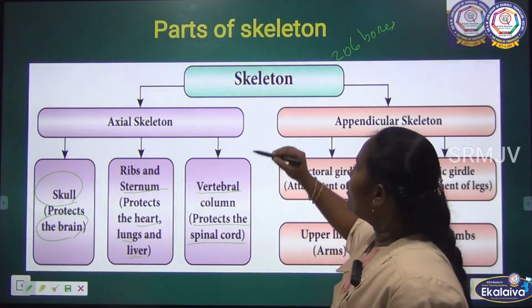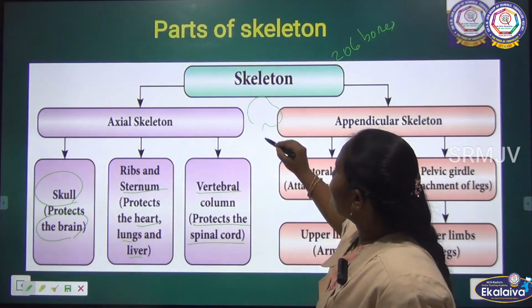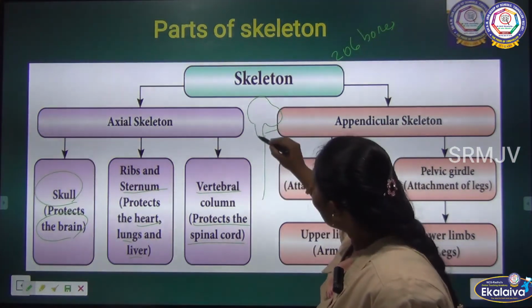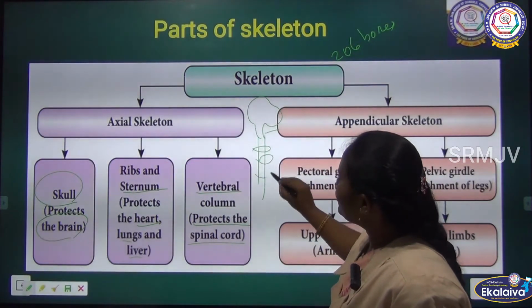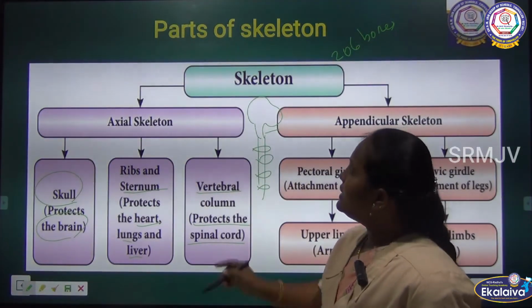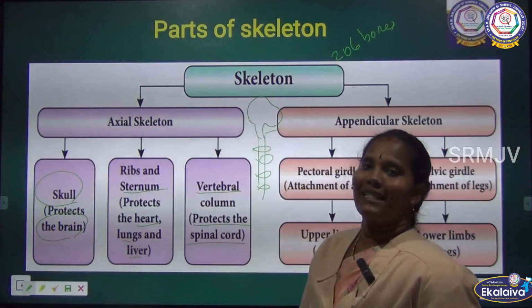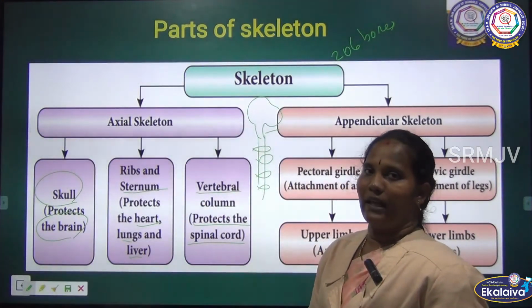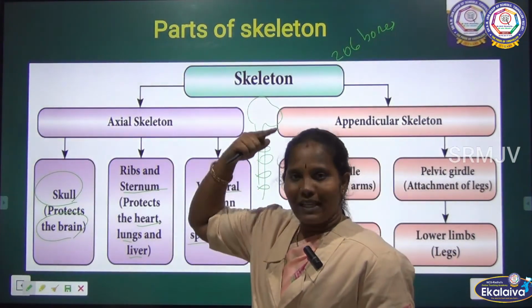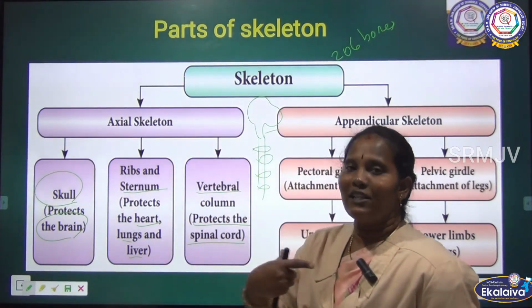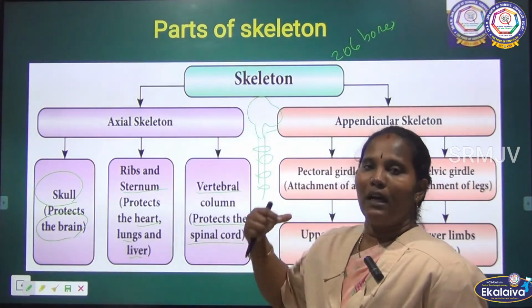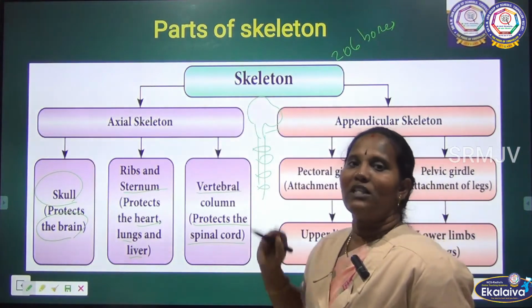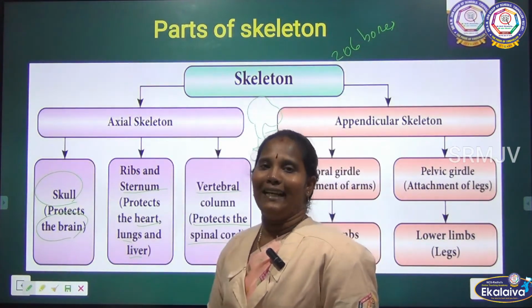The brain is there, and the spinal cord runs through this vertebral column. So these three things are called the axial skeletal system, attached in one central cage: the skull, the chest bone (sternum) and ribs, and the backbone, the vertebral column.